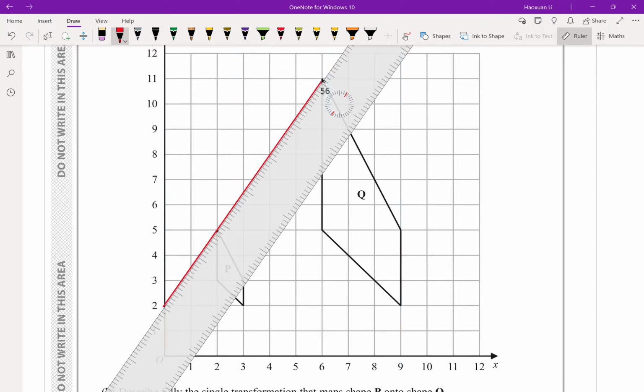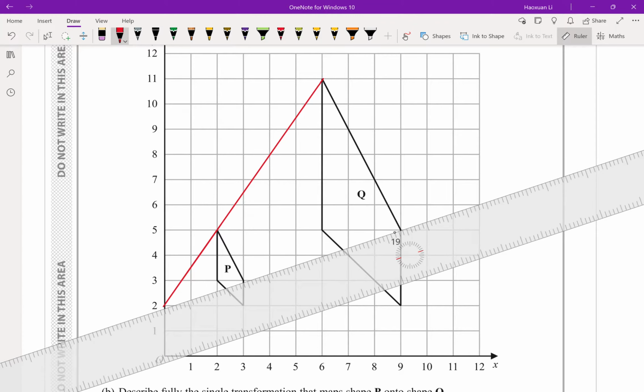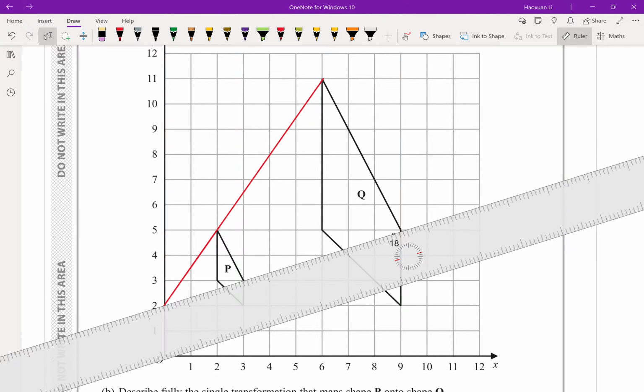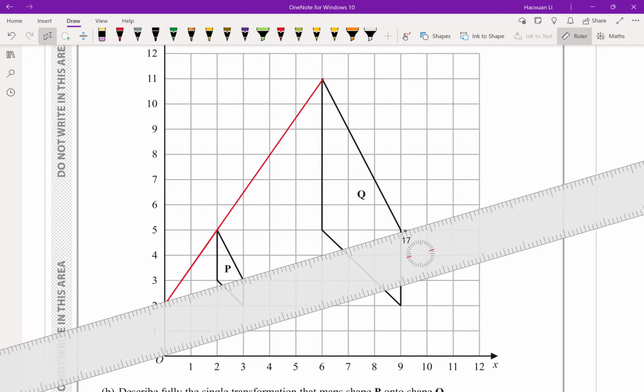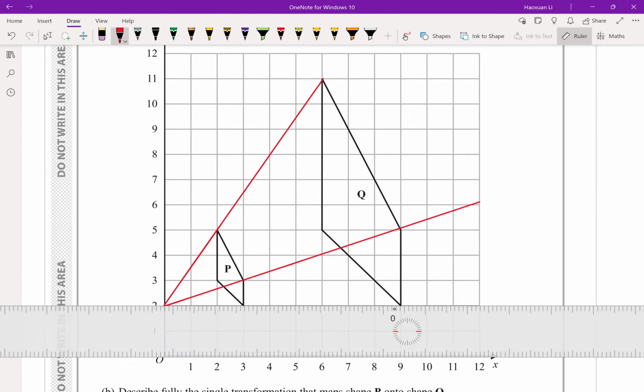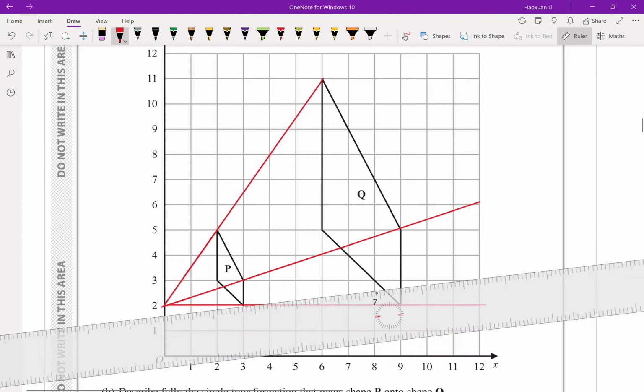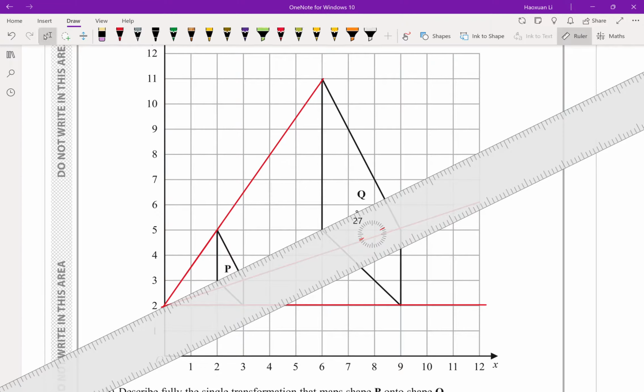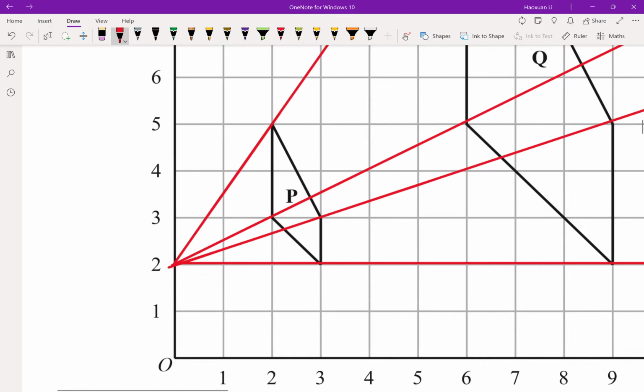So see here, you just have to do that to all their corners, and the intersecting point will be 0, 2.